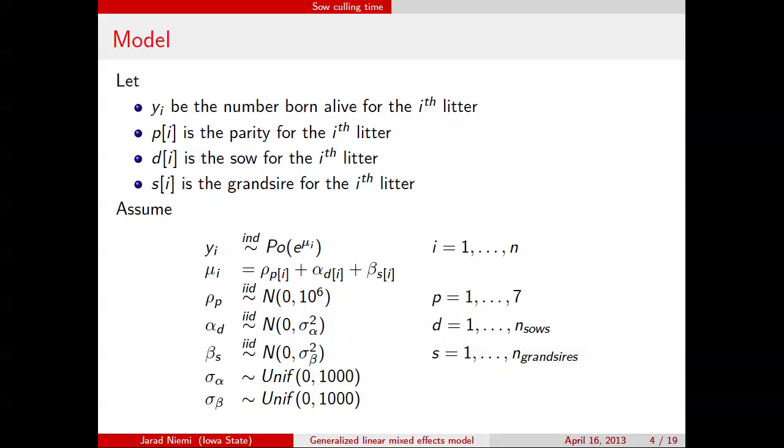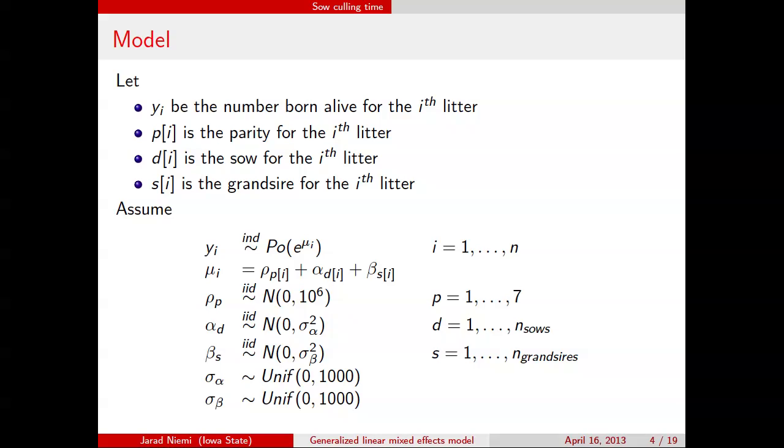The generalized, I guess I should say, has both an exponential family and a link function. So the exponential family is the Poisson. The link function here is the exponential or the log, depending which way you want to look at it. So the link relates this term to the mean of the exponential family distribution, in this case the Poisson. Then after we've accounted for that link function, we have to have everything be linear in the model.